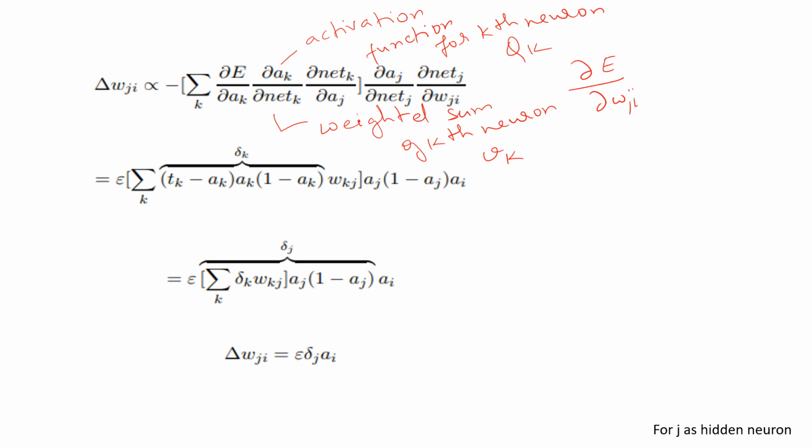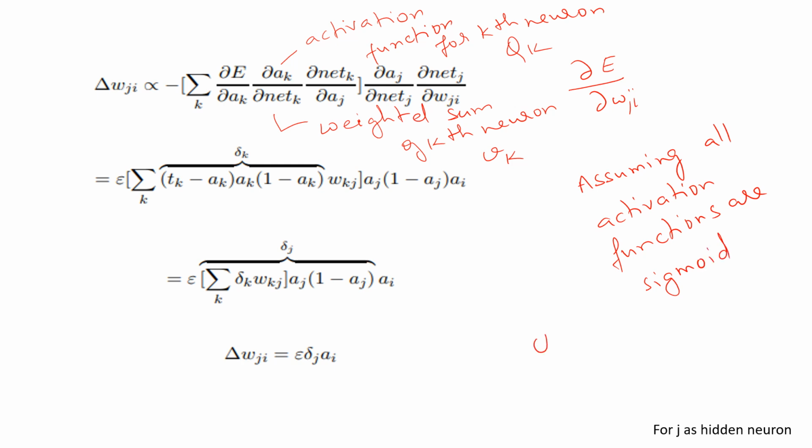Again, assuming that all my activation functions are sigmoid, the formula for the sigmoid activation function is 1 over 1 plus e raised to power minus x.